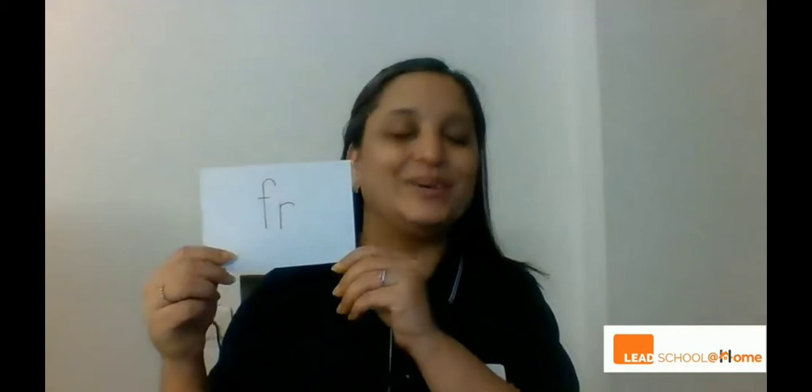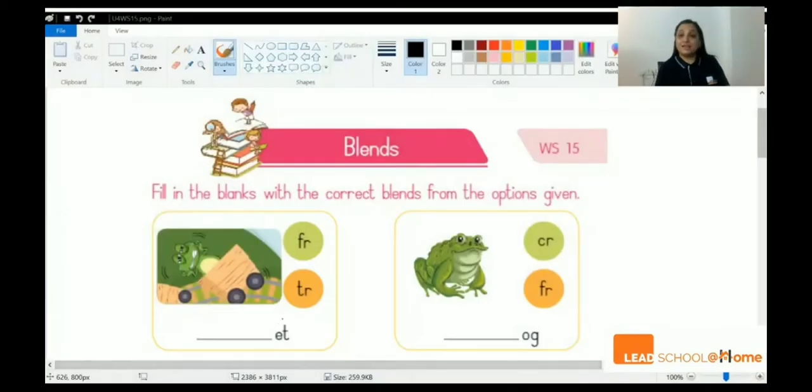And this cr. So now you know the blends. Now let's do a worksheet today. In this worksheet, first you will look at the picture and tell me what this picture is. After that, you are going to tell me which is the correct option that we will fill here. So are you ready to do this worksheet with me?